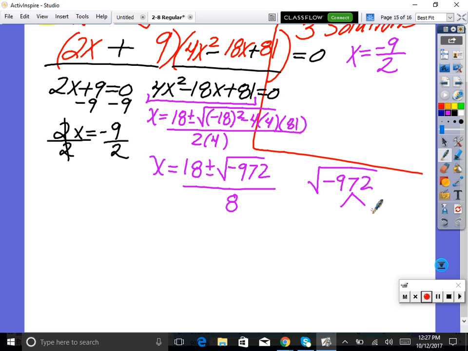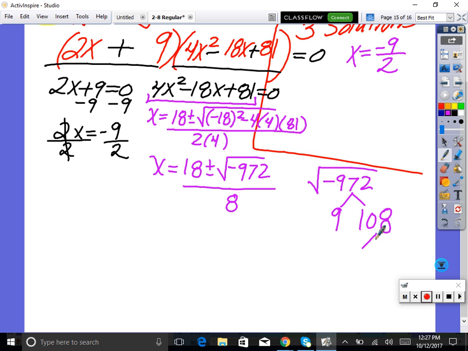So 972 breaks down into... Let's do better ones. No, let's not do 2. No. Don't guess. Yes. Okay, I like that one. Okay, fine. 9, that's not bad. Okay, 9 and 108.